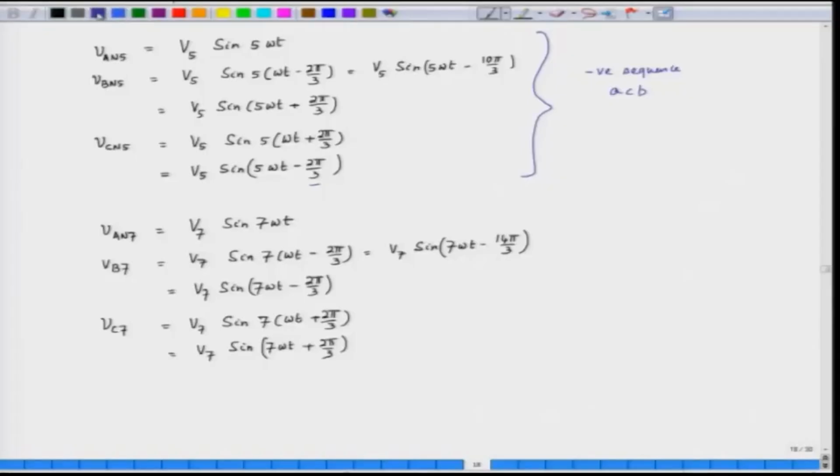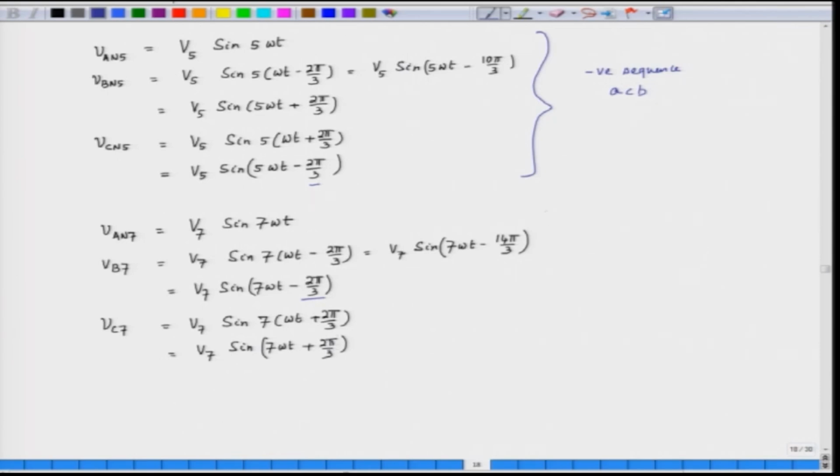So, if we see the various voltages of the seventh harmonic component for phase A, phase B, phase C, we see that here the phase sequence is A and then lagging A is B. B is lagging phase A by 2 pi by 3 or 120. Similarly, C is leading phase A by 2 pi by 3 or 120, or in other words we can say that phase C is lagging phase A by 4 pi by 3 or 240 degrees.